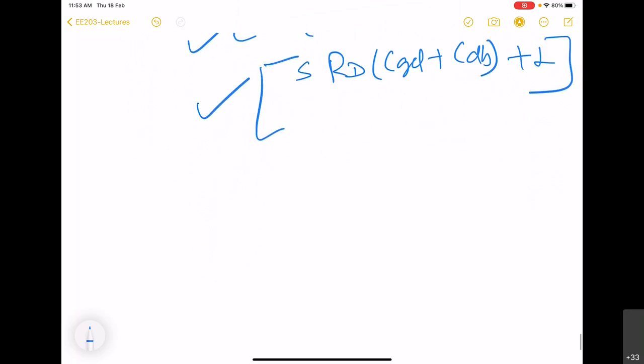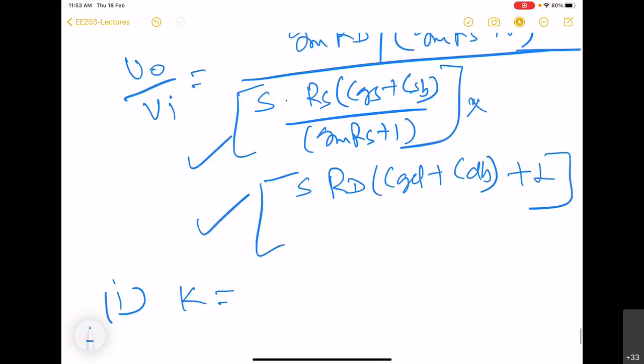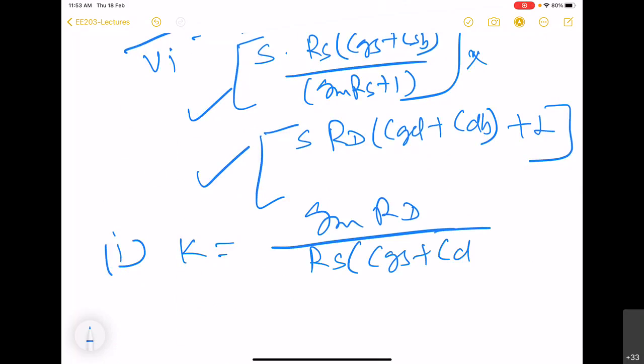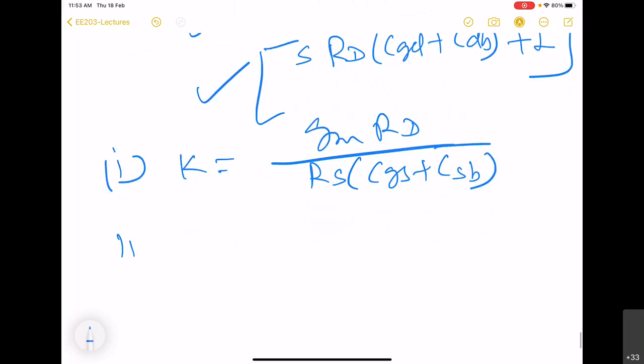So here what we have is a constant term equal to gm RD divided by (gm RS plus 1), and two poles.